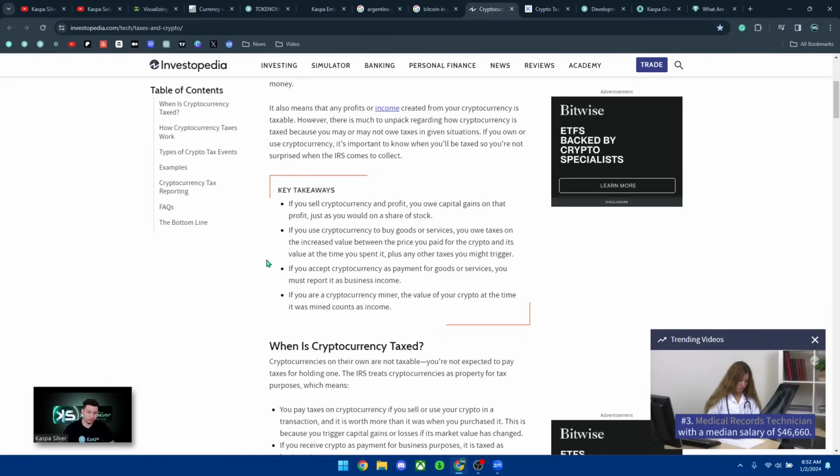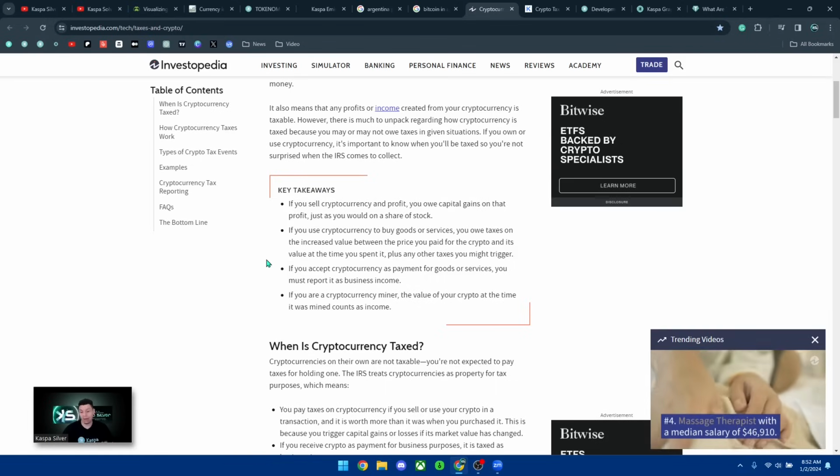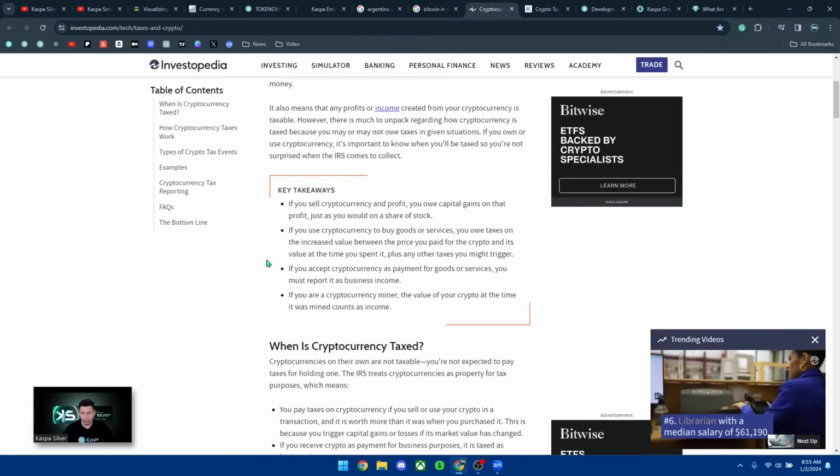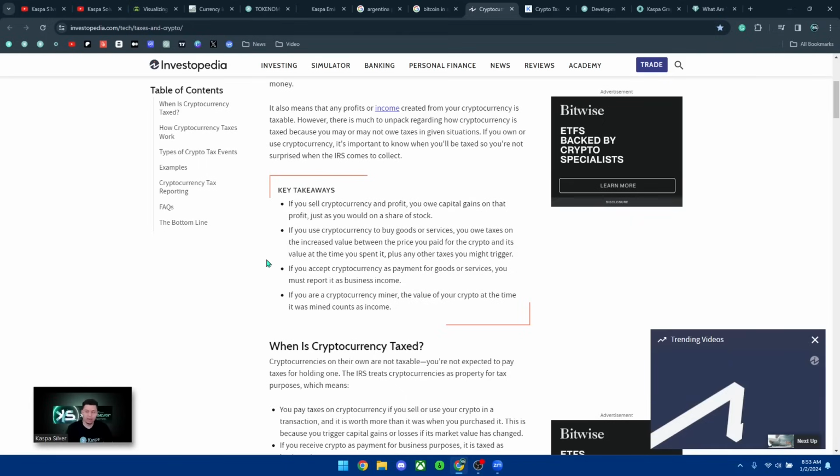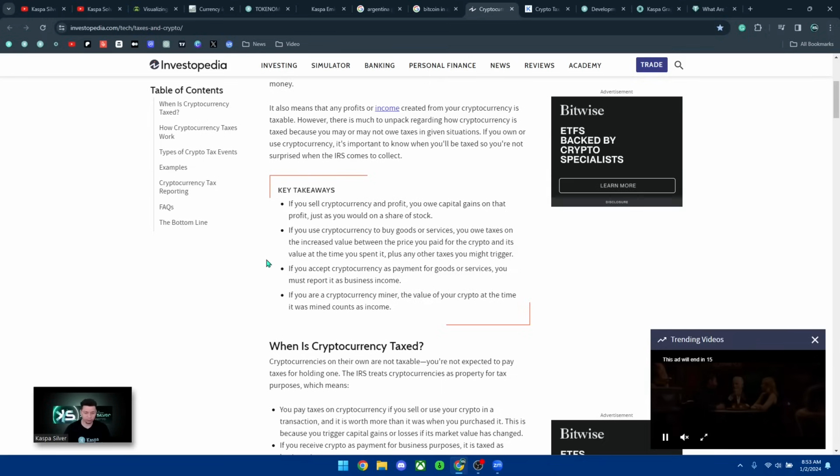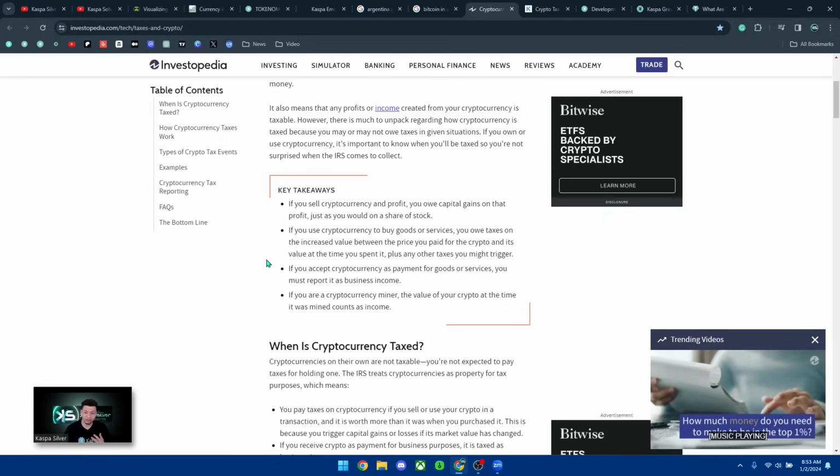But as long as the US economy continues to decline, I believe that the US dollar will continue to lose its purchasing power. These currencies are going to be a good hedge against that in the future, things like Bitcoin and Kaspa. And those are really the only ones that I look at in terms of their use case, which is store of value, medium of exchange, and all that kind of stuff. But Bitcoin is solely a store of value, and Kaspa is more of a store of value, medium of exchange, and a peer-to-peer electronic cash system, because the fees are very, very low on Kaspa, which encourages people to use it.